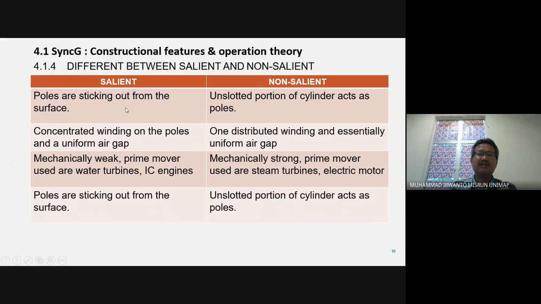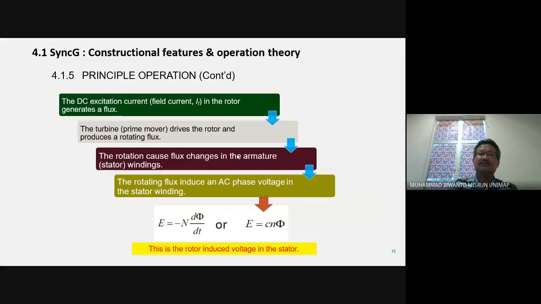For the salient, being mechanically weak, the prime mover used is a water turbine. For the non-salient, being mechanically strong, the prime mover used is a steam turbine or electric motor. That is the difference between the salient and non-salient.